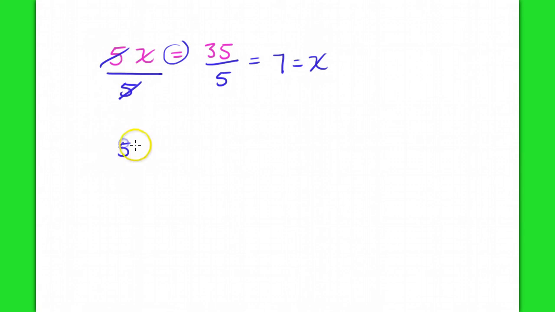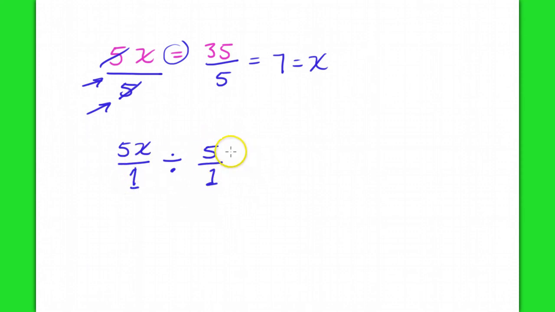Well, let's look. 5x is the same as 5x over 1, and this says divided by 5, which is the same as 5 over 1. Whenever we divide fractions, we simply flip the second fraction and change this to multiplication. So let's go ahead and do that.